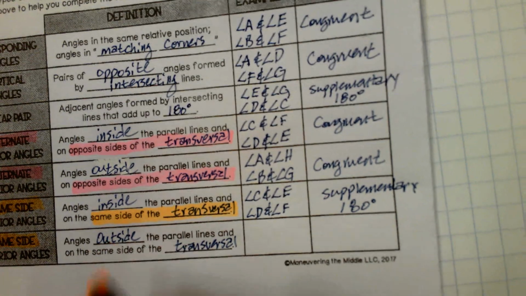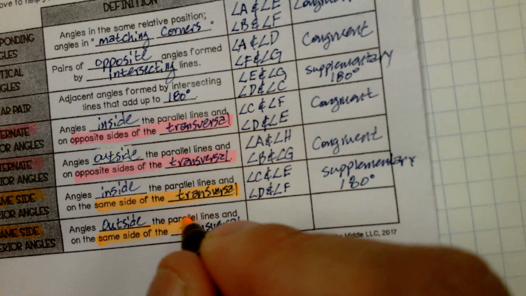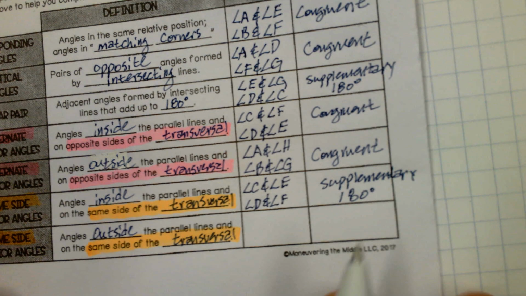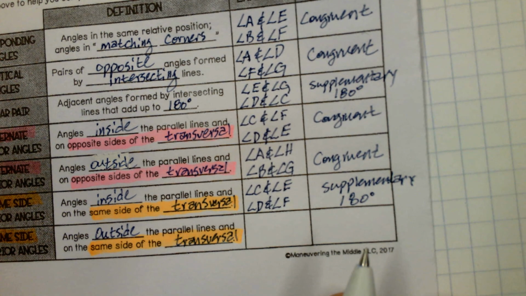Okay. Same side of the transversal. Boom. All right. So let's look at some same side exterior angles. Okay. So we're talking about angles A, B, G, and H.